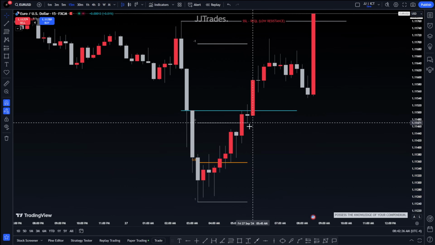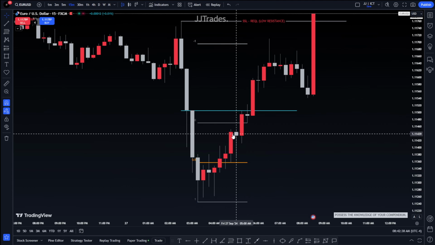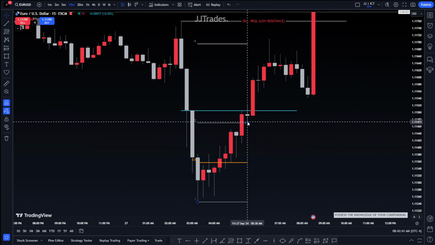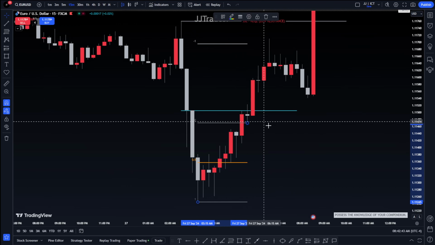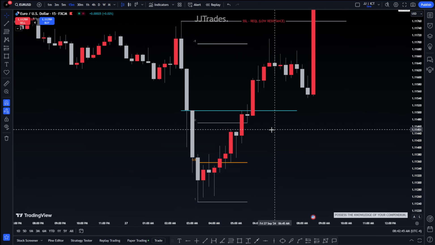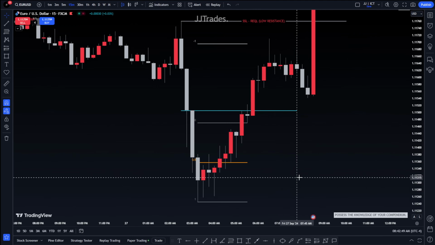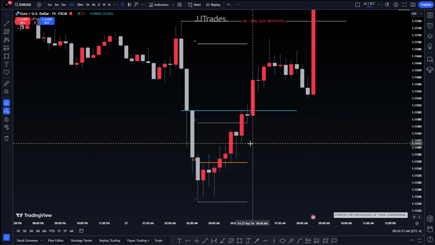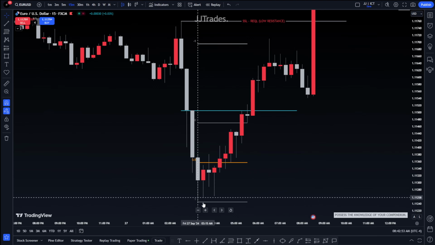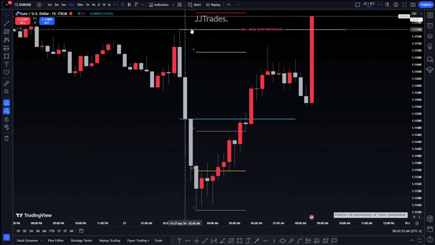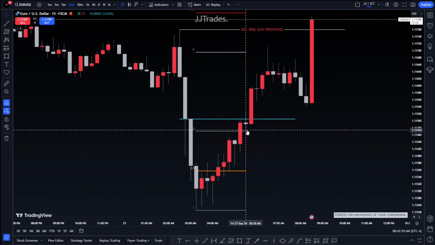So if it's a bullish measuring gap, or a bullish fair value gap, and we're using it as a measuring gap, you take it all the way to the high of the gap. If it's a bearish fair value gap that we're using as a measuring gap, you take it all the way to the low of the bearish measuring gap. But in this example, it's bullish, so we're taking it from the lowest swing low after the liquidity point to the highest point of the measuring gap, which is right there.